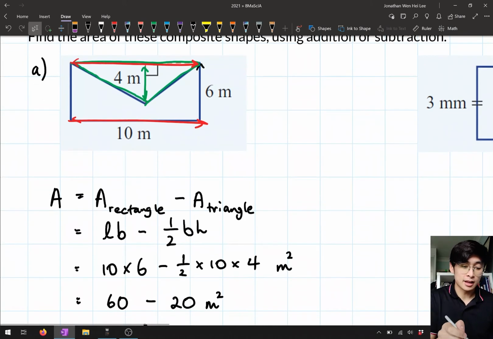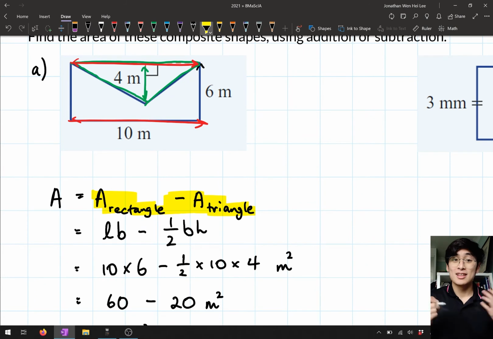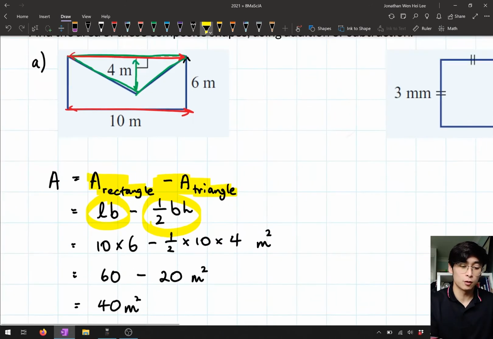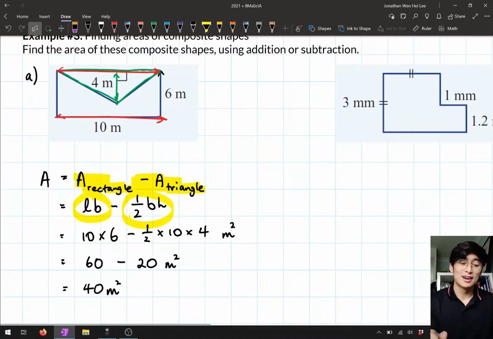And so here I wrote that down as area of my rectangle minus the area of my triangle. Then just like we did in the previous questions, we find the area of each of those shapes. So here I used my area formula for my rectangle and the area formula of my triangle, and then we subtract them and we get a final answer of 40 meters squared. Okay, let's have a look at the second example, B.